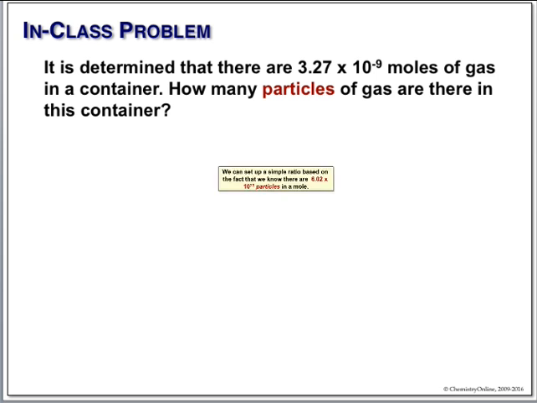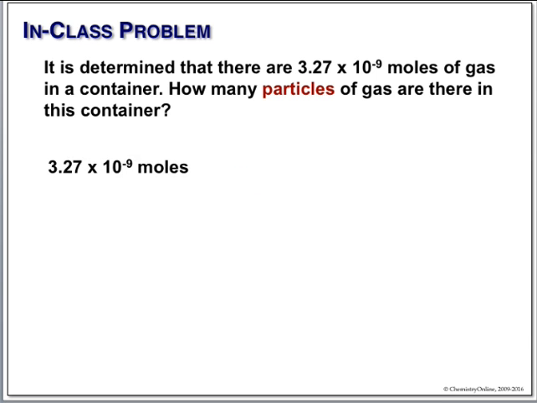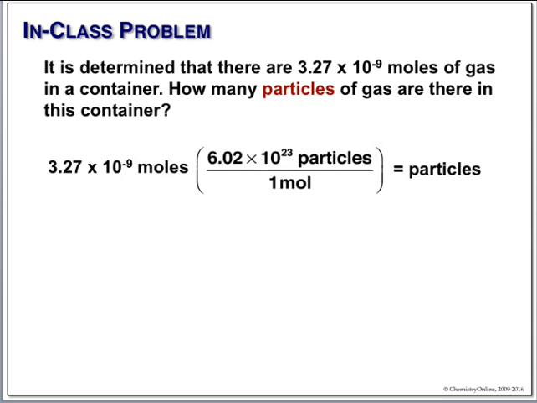Start off with your given. Our ratio is going to be 6.02 times 10 to the 23rd particles per mole. And again, moles is going to cancel.